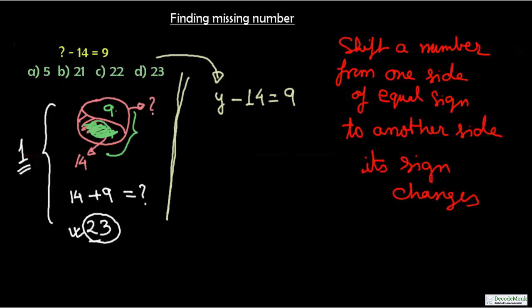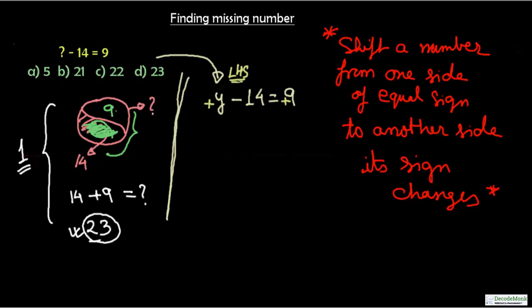This is a very important fundamental that you should remember in all your classes throughout your life if you want to do maths well. If there is no symbol in front of any number, then consider that as positive sign, that is plus. So before y, the unknown number, we have got a plus, and before 9 we have got the positive sign.